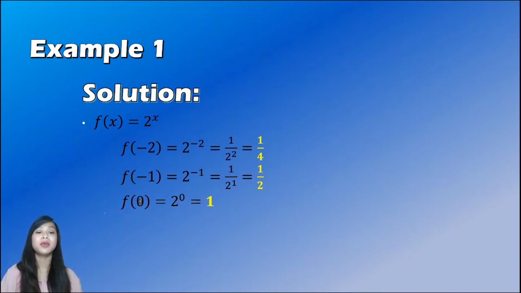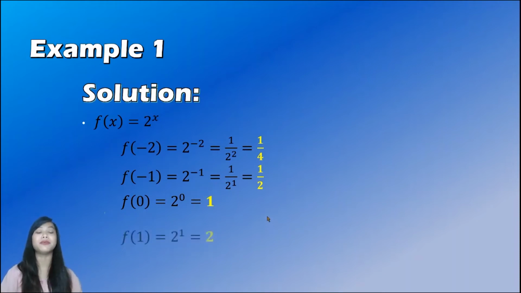Next, we have the 0 value. So we have negative values for your domain and the 0. So we have f of 0 equals 2 raised to 0. Any value that has an exponent of 0, any such expression, is equal to 1.